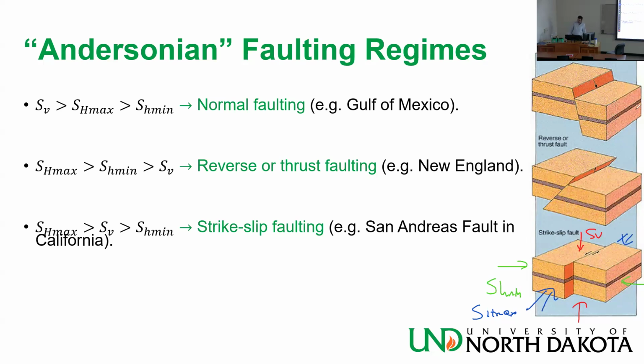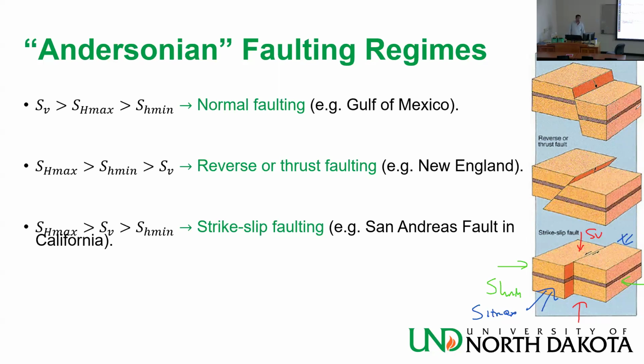Now, this is a little bit weird compared to the other two due to the fact that there is purely horizontal motion. Well, in the other two, there was only vertical motion, no horizontal component. In this one, there is only horizontal component, no vertical component. A good example of that is the San Andreas Fault in California. Very easy to remember that, it has the same name as your instructor, same first name as your instructor.